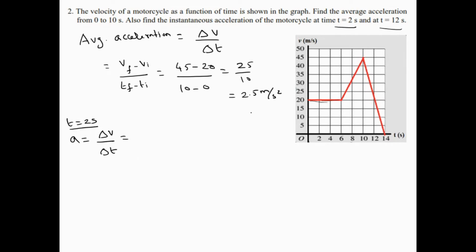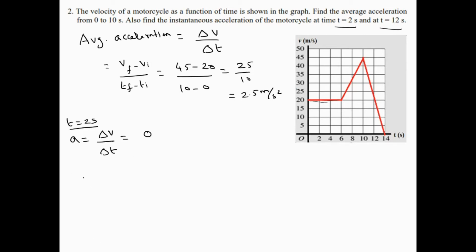If you have a horizontal straight line, what is the slope value? The answer is exactly 0, because for a horizontal line the slope is 0. So the answer for t equal to 2 seconds is 0.